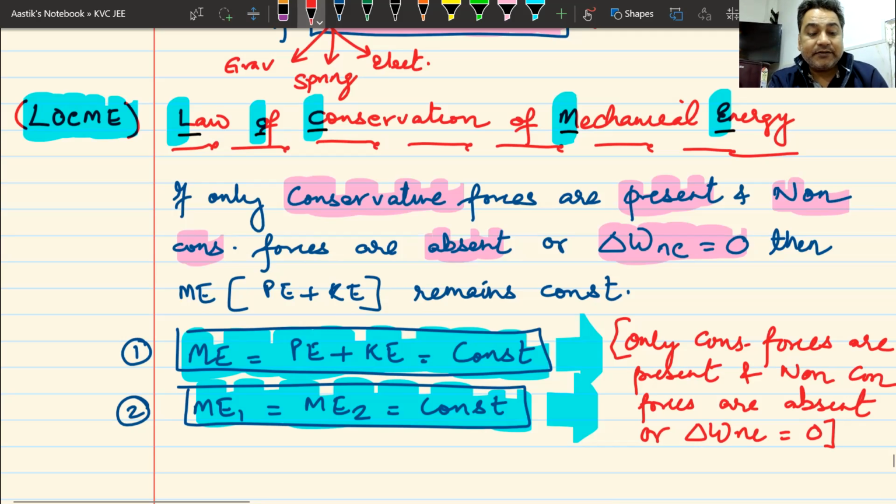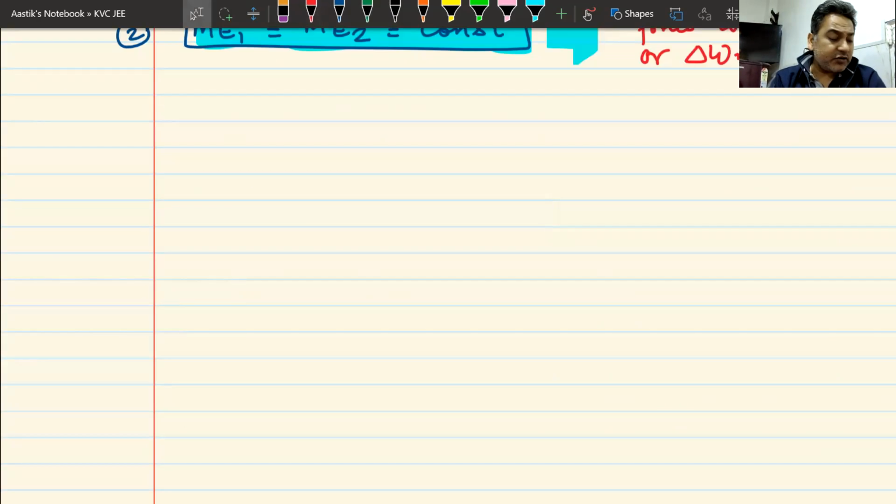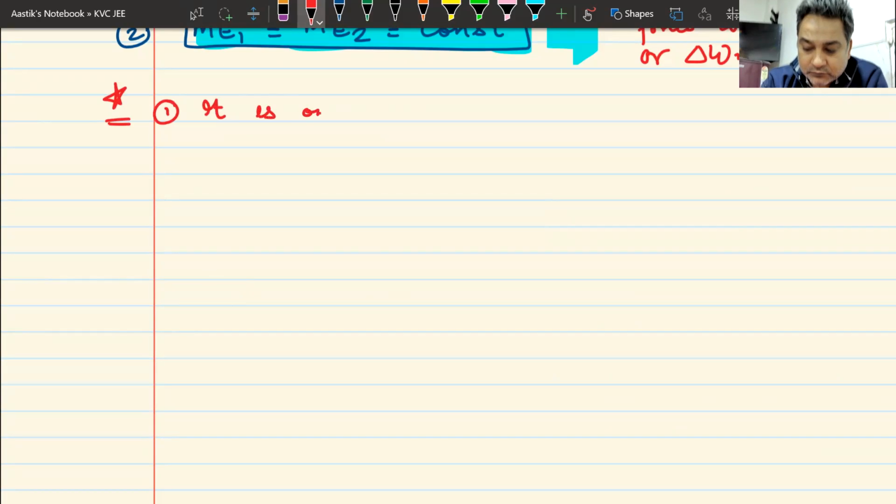Okay, what I'll do is, again, I'll try to summarize all the important points. Important points about LOCME. What is point number one? It is only valid under the following condition.